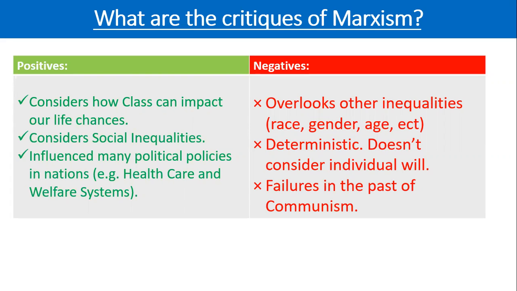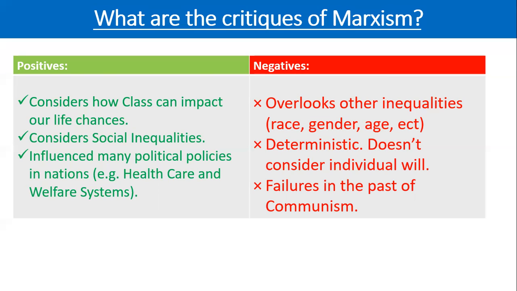So it's this idea that it doesn't really consider the individual's free will. So there are going to be people who defy the odds, who are working class, who don't believe in this idea of false consciousness and aren't limited by those capitalist structures. Okay, so perhaps someone who's really poor who does go on to be a billionaire or something like that.